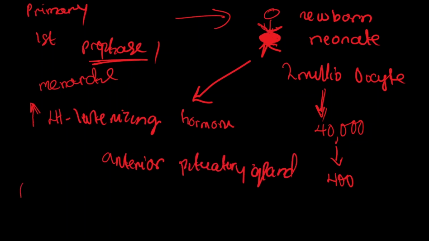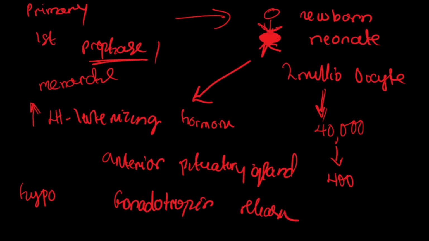So the hypothalamus releases gonadotropin releasing hormones.